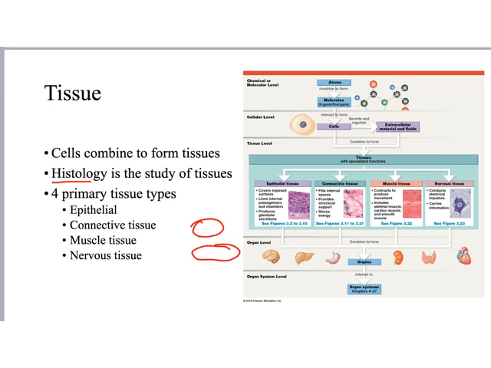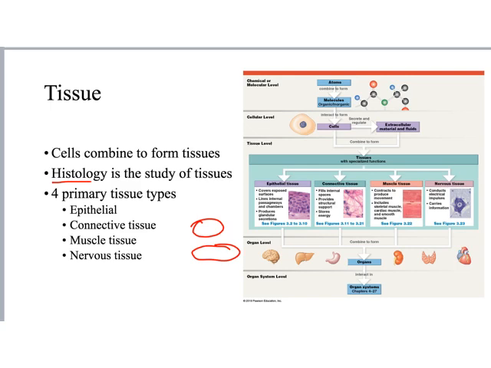So there's four primary tissue types: epithelial tissue, connective tissue, muscle tissue, and nervous tissue. Because we're going to have a separate unit on muscles and a separate unit on the nervous system, we're not going to focus too much on those in this course. Just remember that they are part of these four primary types of tissue. We will spend quite a bit of time looking at epithelial tissue and connective tissue.